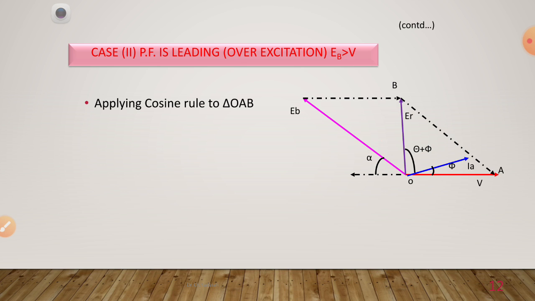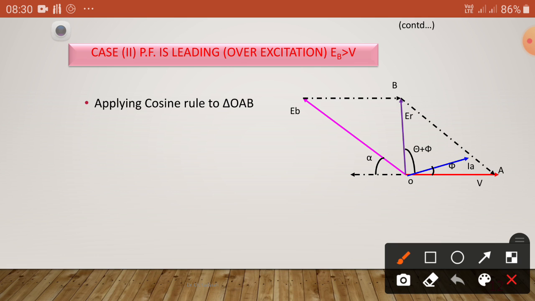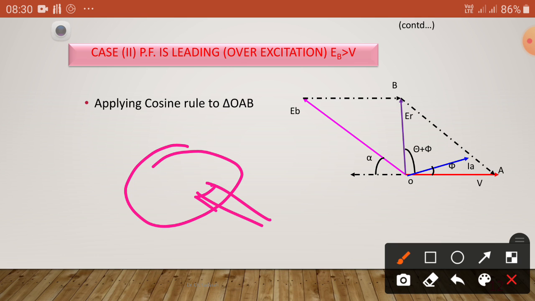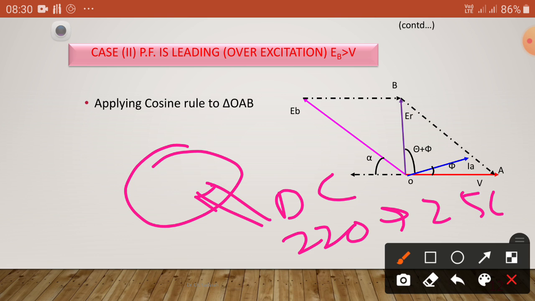Now in this case, the power factor is leading, the over excitation condition. Our rotor is excited with more DC supply: instead of 220 volts, I am going to give 250 volts, over excited. Then a larger EB is induced in the stator.